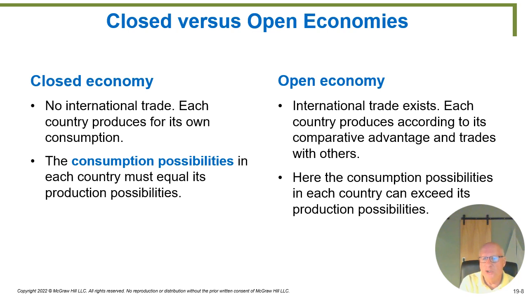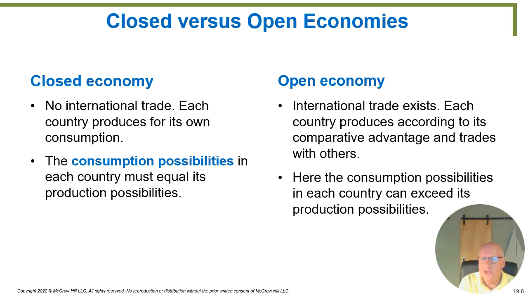Each country produces all of its own consumption the same way that I described that subsistence farmer living on their own small farm produces all their own clothes, all their own food, all their own housing. Everything they do is done for themselves on their own farm. So a closed economy does that within the borders of their country. The closest example we have to a truly closed economy is North Korea.